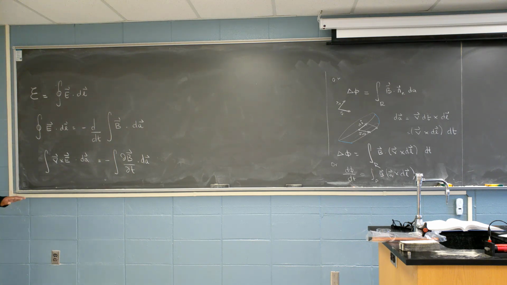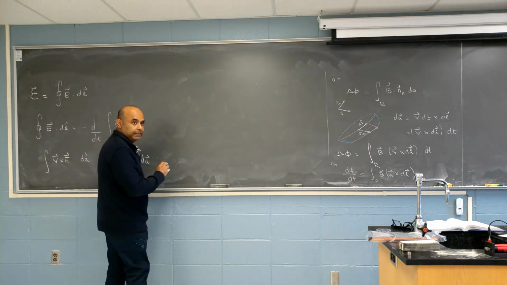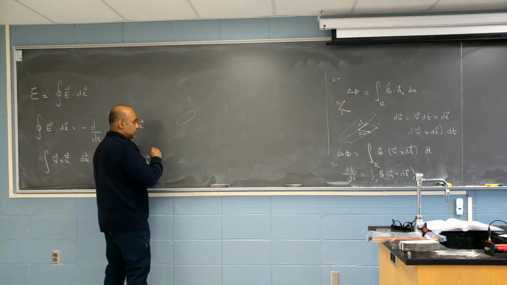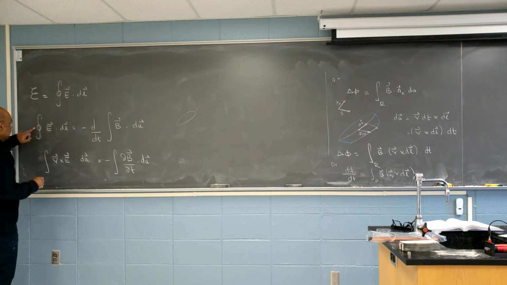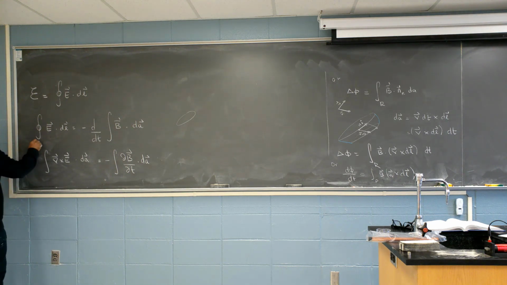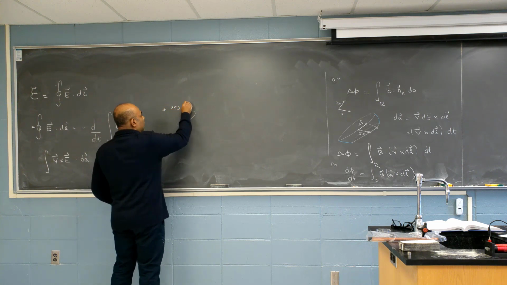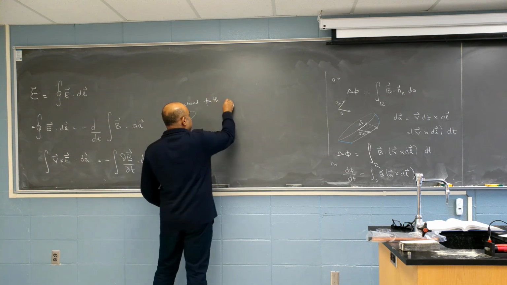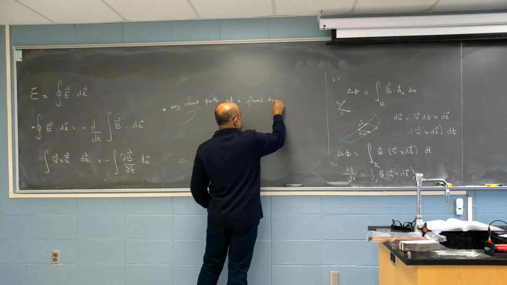Okay? So let me explain this diagram, this set of equations. Suppose you have a region of B. I'm taking a closed path, any closed path at a fixed time.